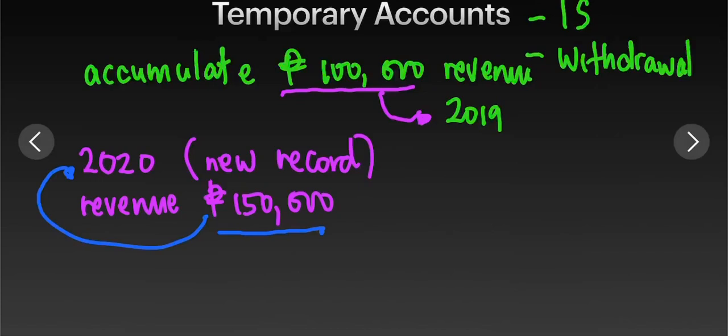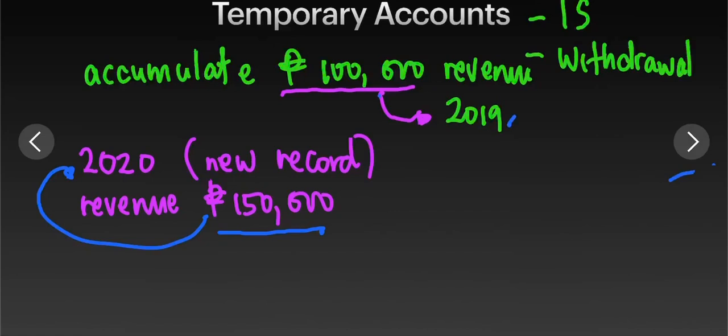For the 2 years, you actually accumulate a 250,000 amount of revenue. But for purposes of reporting to your financial statements, the 100,000 is to be presented in 2019, and the 150,000 is to be presented in 2020.